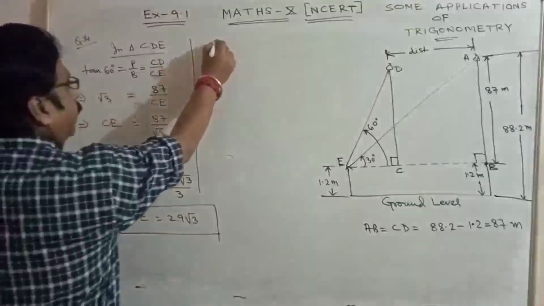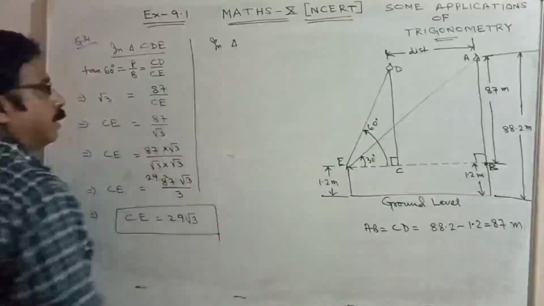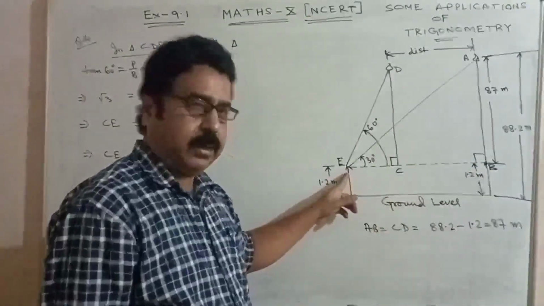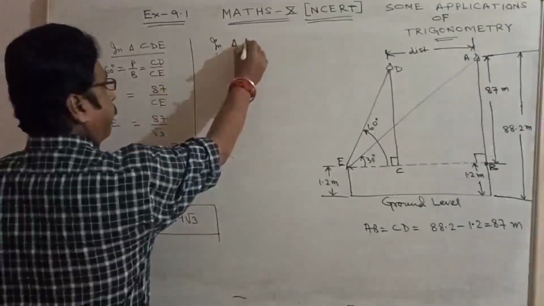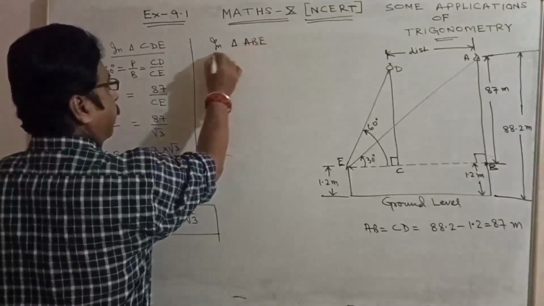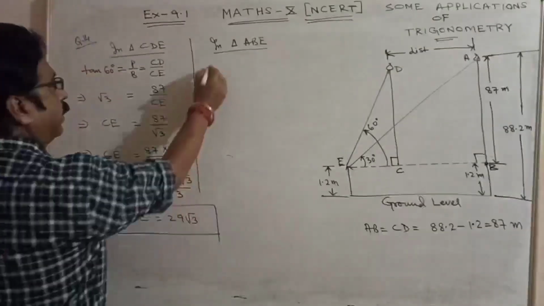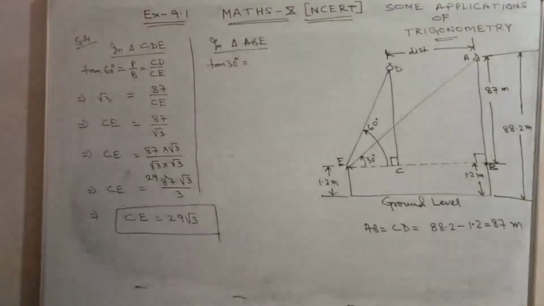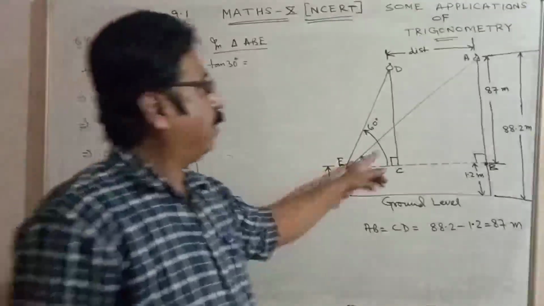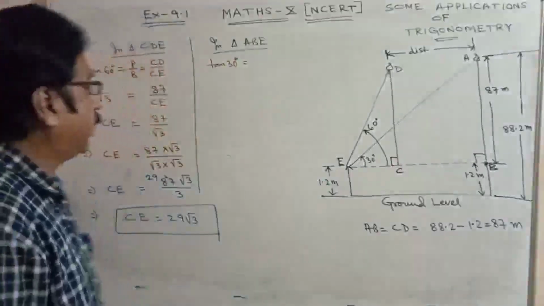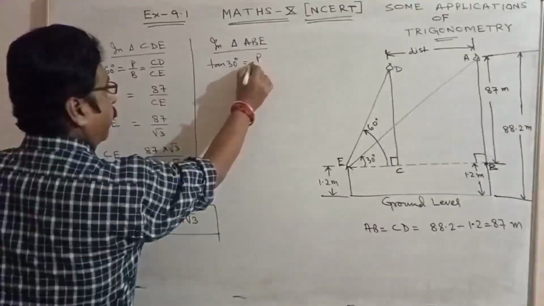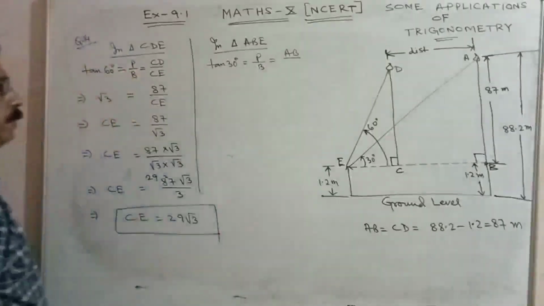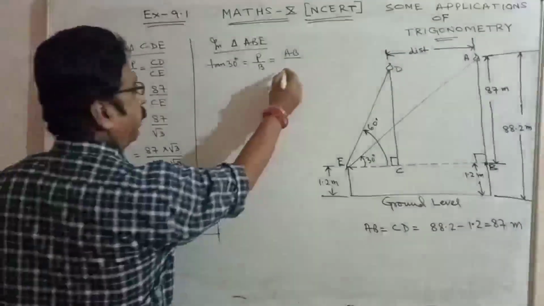Now in triangle ABE, tan 30 degree. Tan 30 means this is 30 degree, opposite side is AB, that is perpendicular. AB upon base is BE.